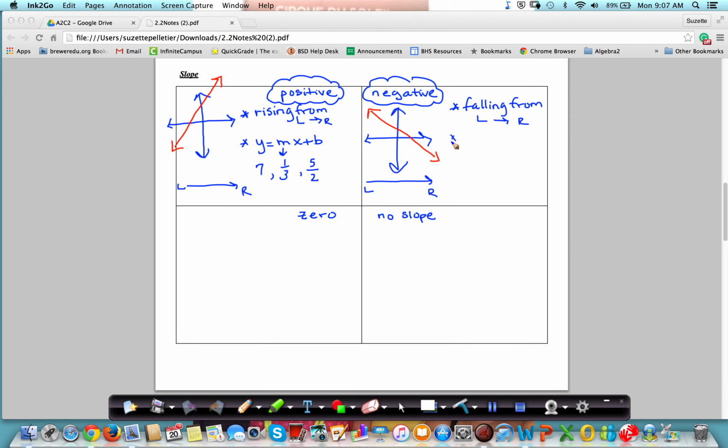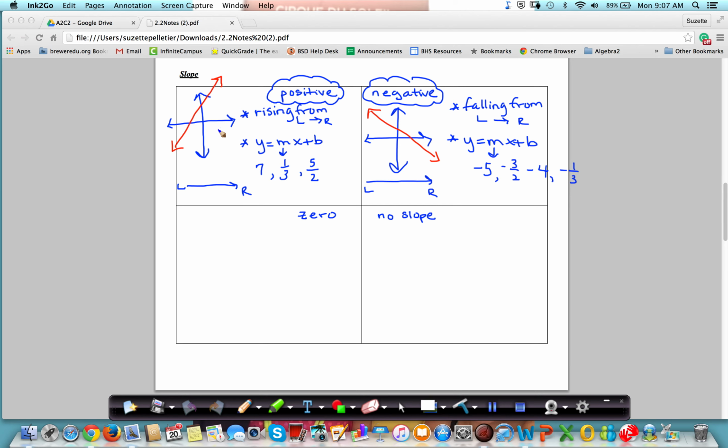Again, when you look at it in y equals mx plus b form, this is going to be a negative value. -4, -5, -3 over 2, -4, -1/3. It doesn't matter. They're all negative values. Again, falling and running.